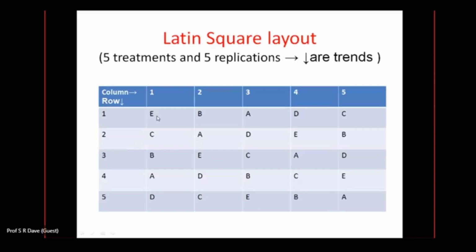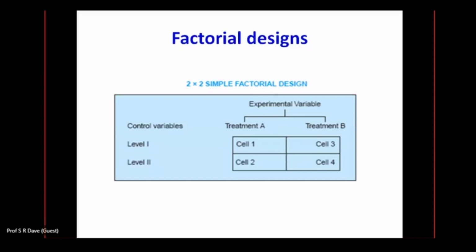Here also, the difference between the row and column. So Latin square designs will give more control regarding the horizontal and vertical differences. If you are performing a lab experiment, whatever the 2 types of heterogeneity you are thinking about will be taken care of in this type of experiment.